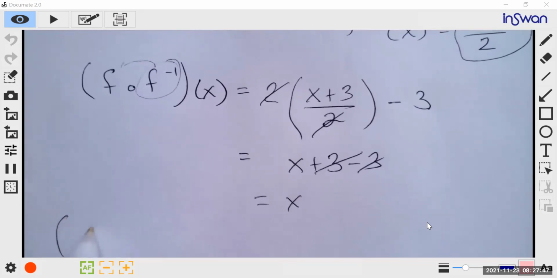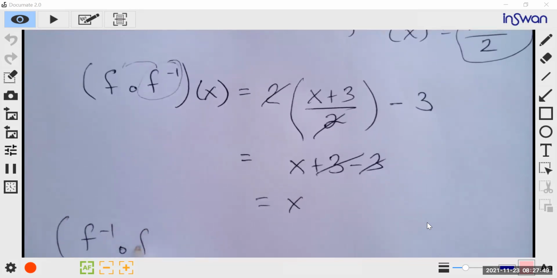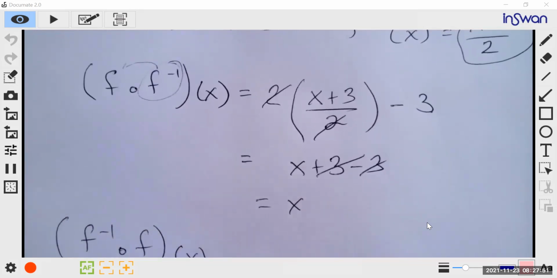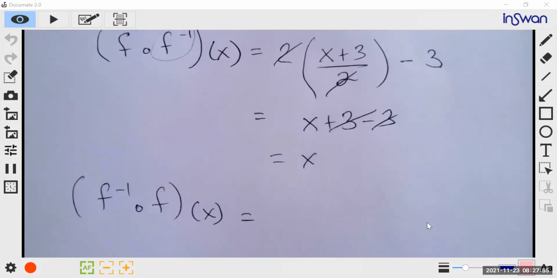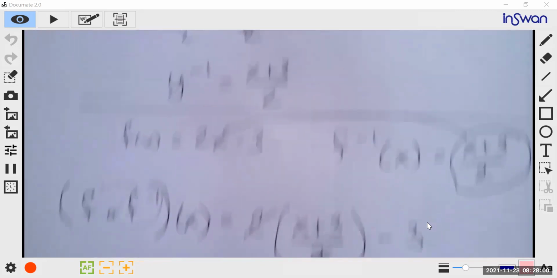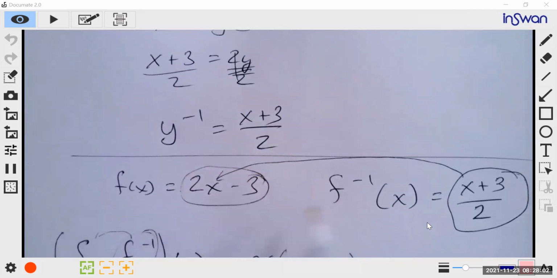Try the other way. F inverse of f. That means I take this function and anywhere I see an x in the second one, I put it in its place.